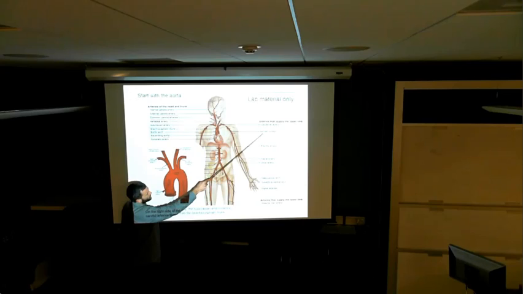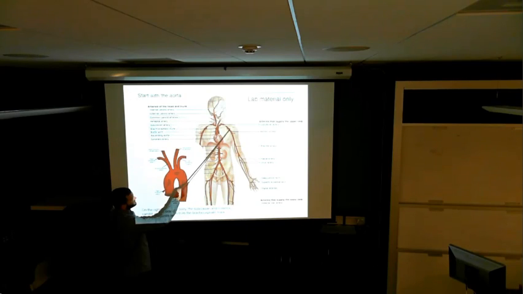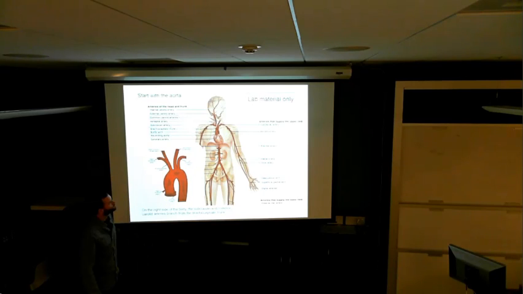At what point does the subclavian become the axillary? Well, after it goes underneath the clavicle there, I'm assuming it's this stretch right there. Okay. And then it goes from the scapular region down into the brachial region. Because of that, it's called the brachial artery, and then it branches into the radial and ulnar arteries.